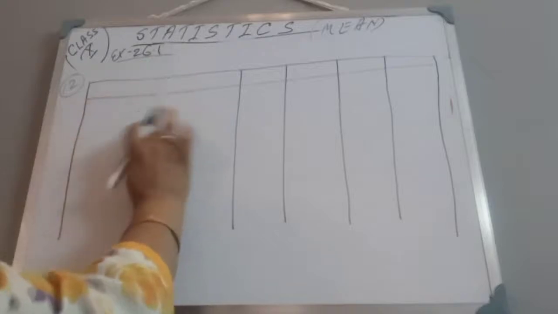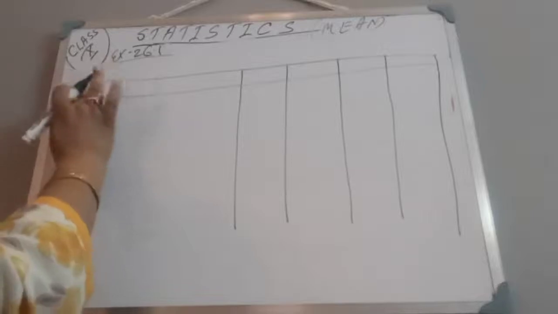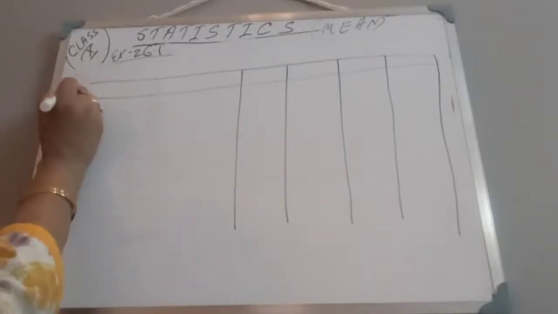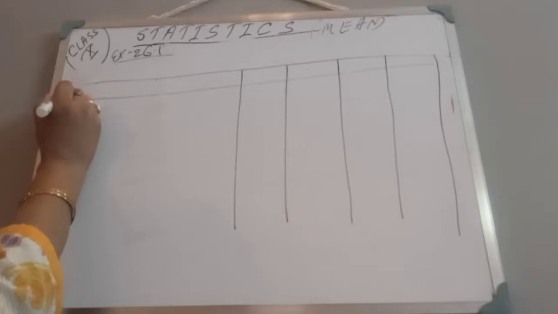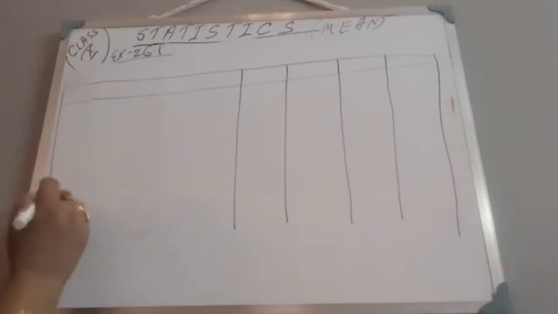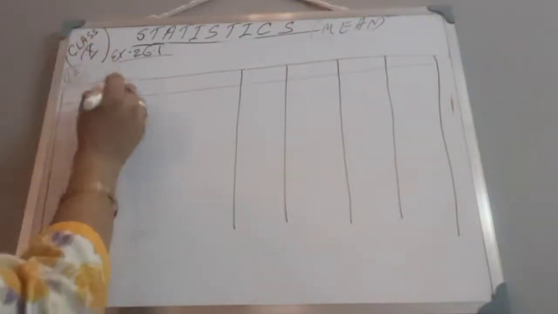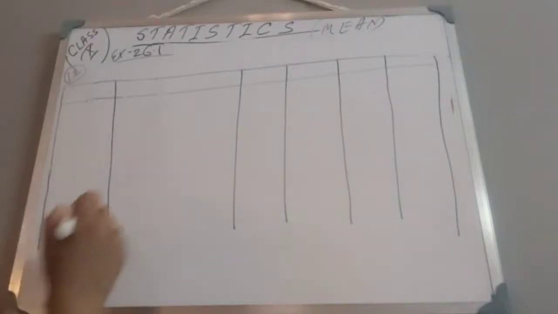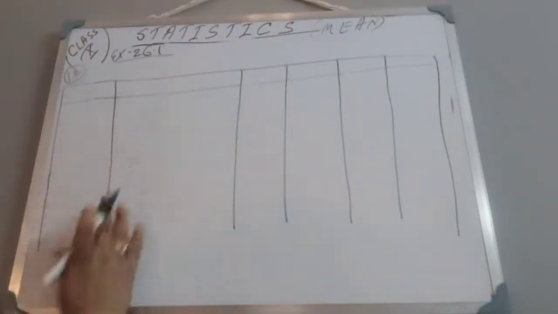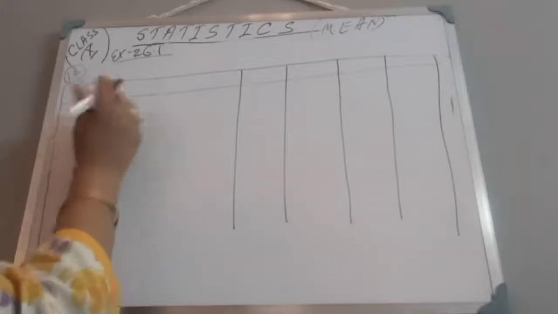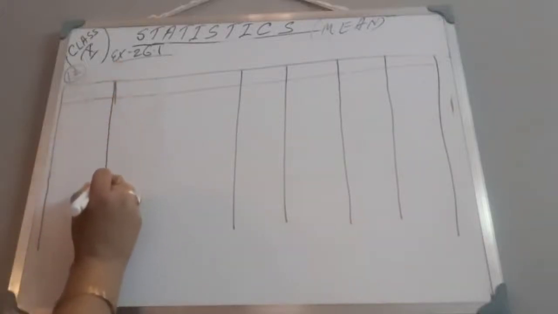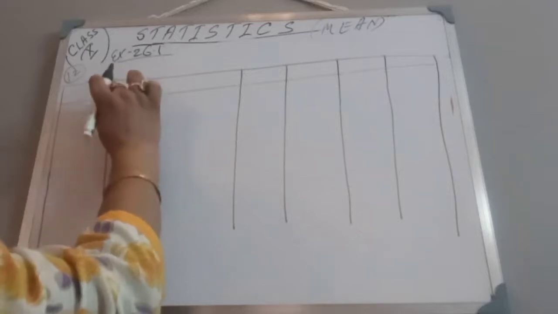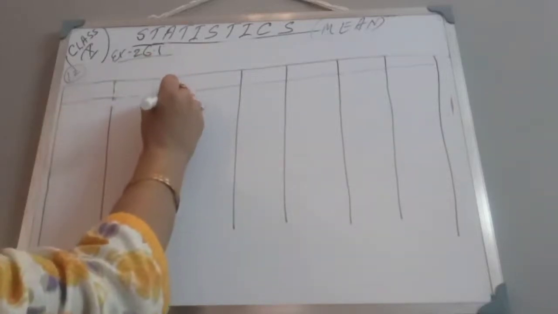Sum number 12, so it is class boundary, next is class boundary.